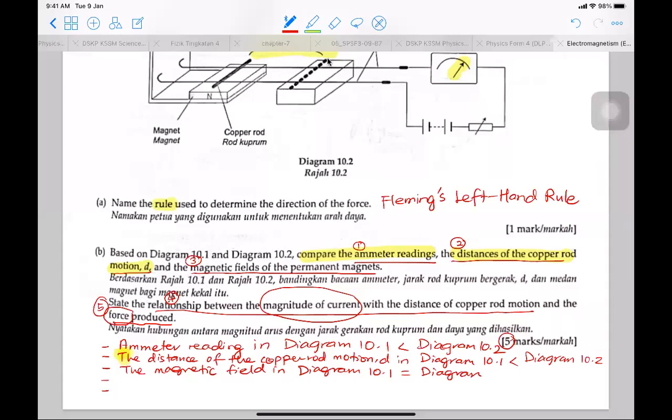Okay, diagram 10.2. So that's 3 marks already. Now the other 2 remaining marks are by stating the relationship between the magnitude of current and the distance of copper rod motion. So how do we write the relationship between current and the distance of the copper rod?